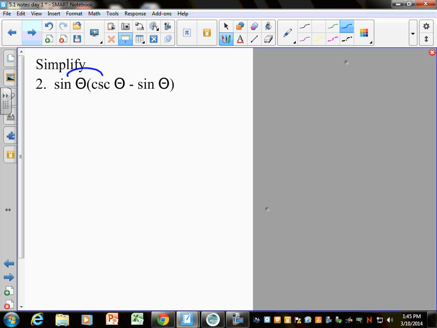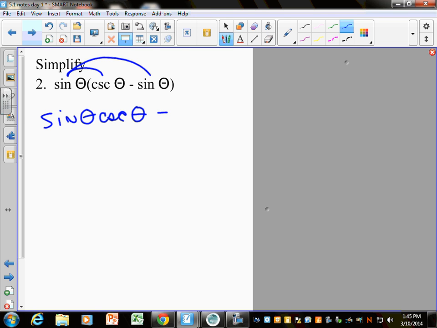So if I take sine of theta times cosecant of theta, sorry, I used x's there. I'm just going to write that. Sine of theta times cosecant of theta minus, what do you think sine of theta times sine of theta is going to give you? What if this was x times x?